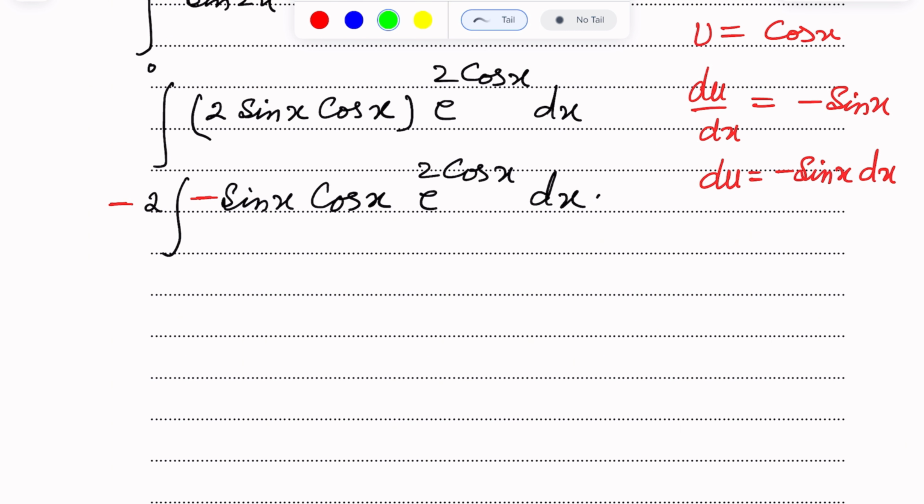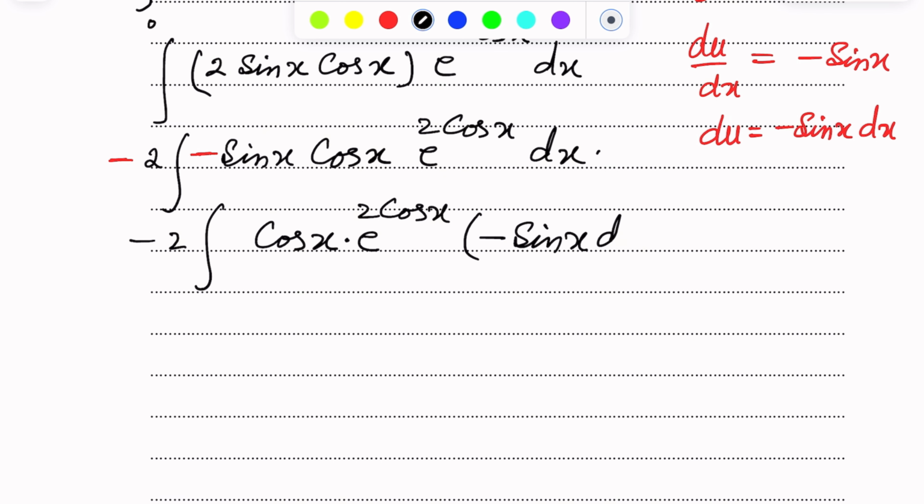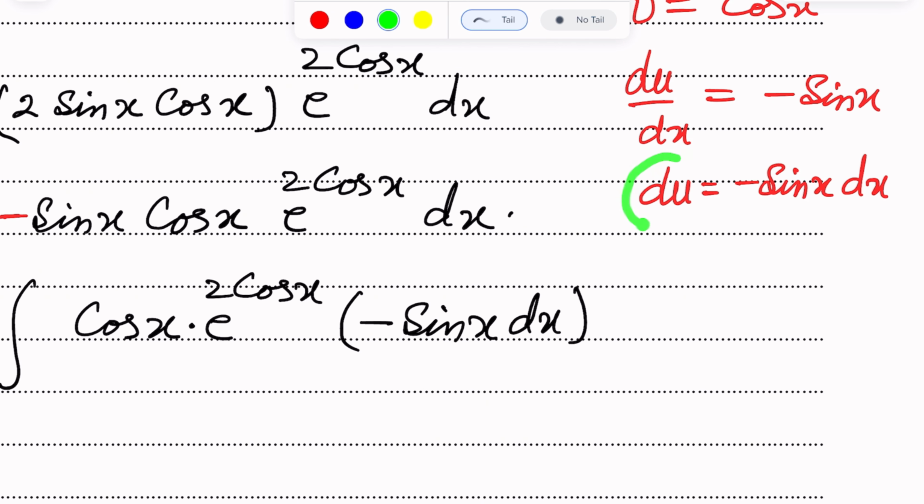Now we will write negative 2, first cos x, e power 2 cos x, minus sin x dx. Now in place of minus sin x dx we can write du, because du is equal to minus sin x dx.